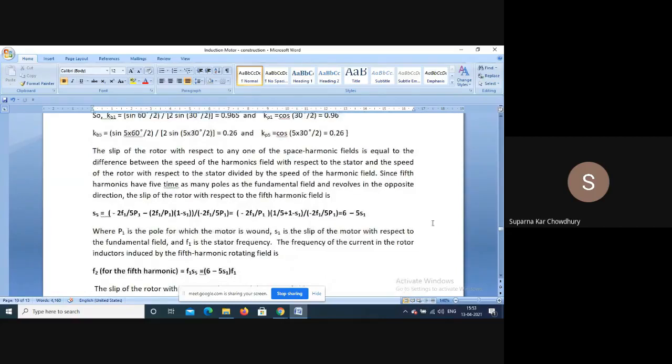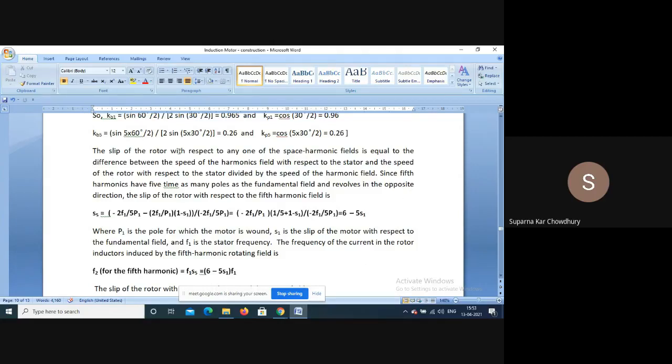The slip of the rotor with respect to any one of the space harmonic fields is equal to the difference between the speed of the harmonic field with respect to the stator and the speed of the rotor with respect to the stator, divided by the speed of the harmonic field.